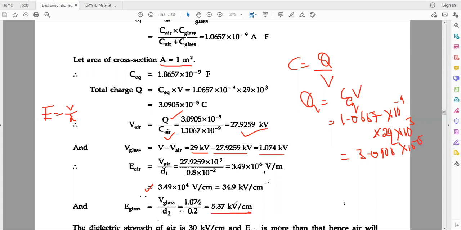That is in terms of kilovolts per centimeter, not meters, my students. The 0.8 times 10 to the power of minus 2 is in meters, and here we directly substitute 0.2 centimeters. So it is kV per centimeter. Converting the air also to centimeters, we multiply by 10 to the power of minus 2 here. Okay.